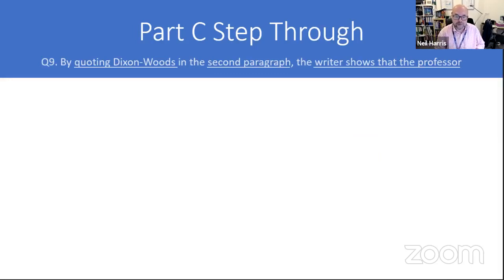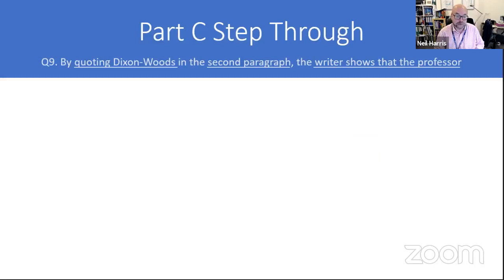We're looking for something said by this person, Dixon Woods. We're looking in the second paragraph. We're also thinking about this: what, by quoting, the writer shows that the professor. So in other words, the quote supports an opinion or a view taken by Dixon Woods. That's what we're looking for.